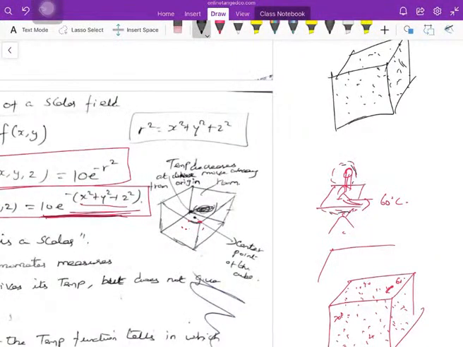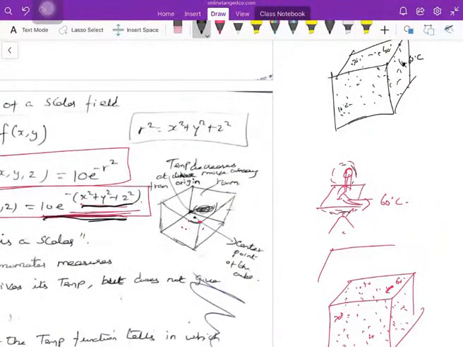For example, based on the positions x, y, z, where x is 10, y is 10, and z is 5, plug the x, y, z values into this function and you'll get one temperature, say 60 degrees. Here the temperature is 40 degrees, there 30 degrees. So at each and every point in space you can find the temperature function.